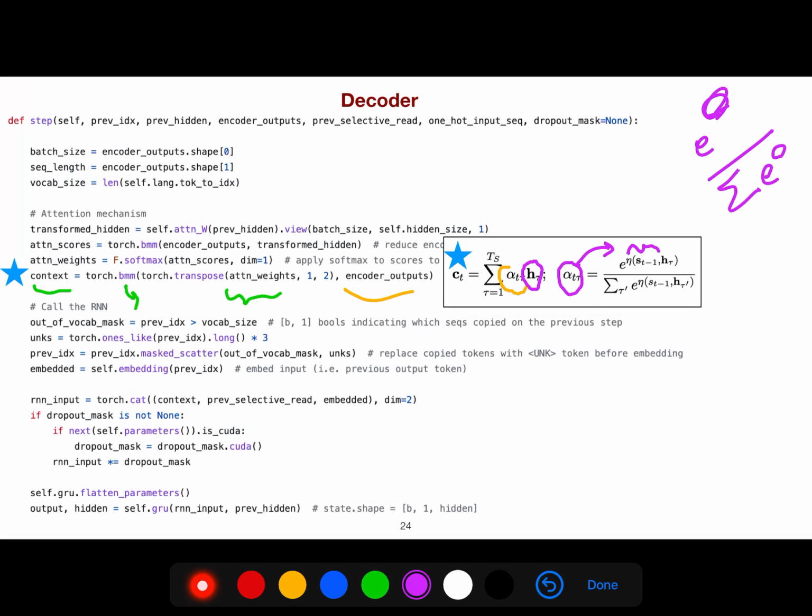Attention score is just here: the multiplication, or sometimes people call it energy, of your encoder outputs and the transformed hidden. And what is the transformed hidden? It's the attention W. So basically we are just multiplying h_t with the s_t to get the score. And here we can also use dropout and those things.